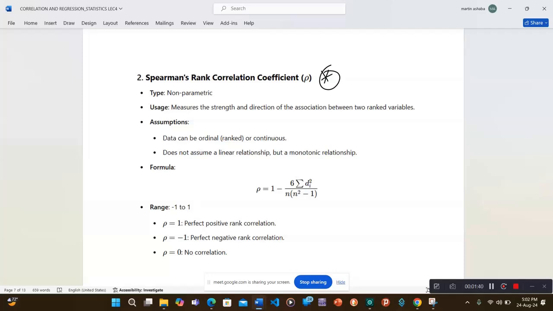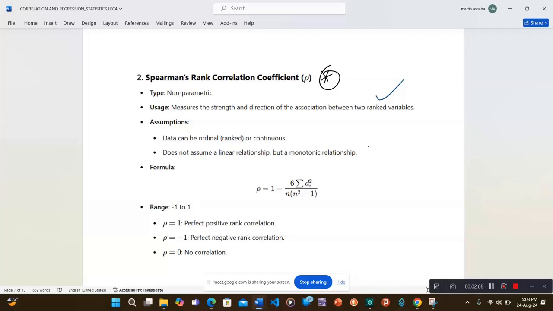And we are saying it measures the strength and direction of the association between ranked variables. Data can be ordinal or ranked or continuous. Then it does not assume a linear relationship, but a monotonic relationship. A monotonic relationship is where data continuously increases or decreases.